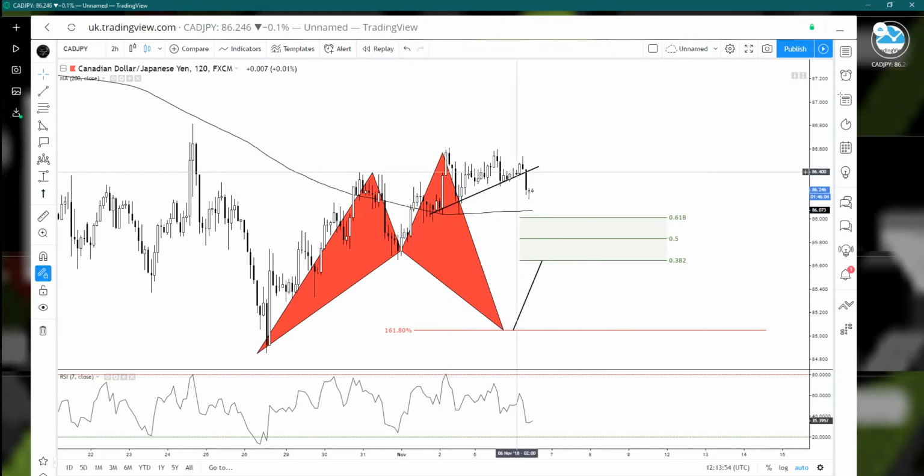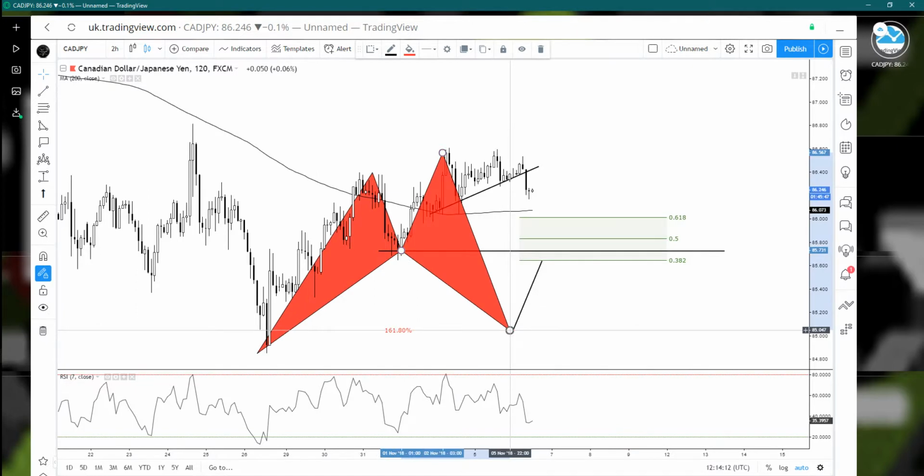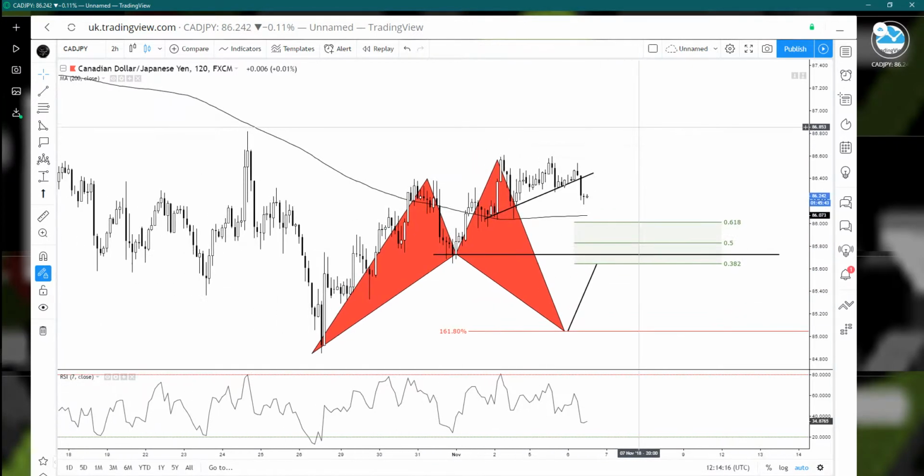So we are now trading below this structure. The 200 moving average right below it can act as a support, but again I need the market to violate this previous structure support in order to increase the probability for this pattern to be printed. So we need to wait a lot.